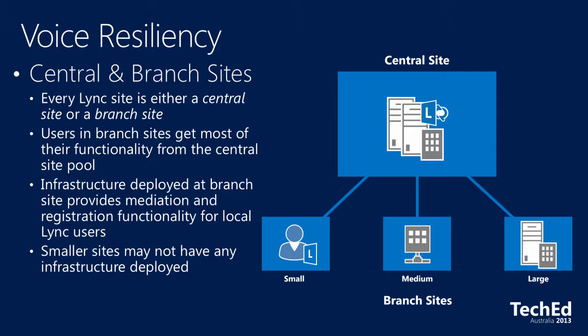We might not have any infrastructure there at all. And if we have a branch site that we consider large enough to warrant its own conferencing engine and more functionality without reaching out to the WAN, we might deploy another pool or a Standard Edition server in that location. How many users would you expect to be in a large site to validate deploying their own server?